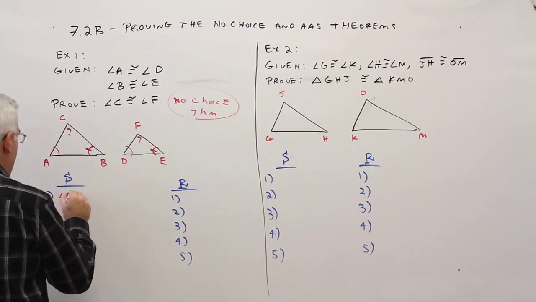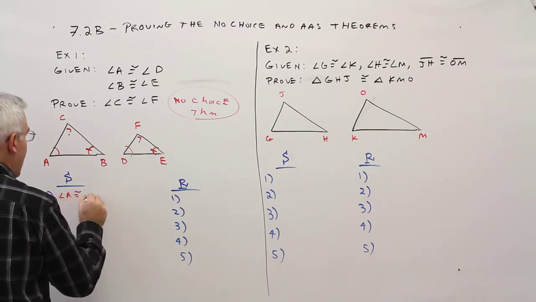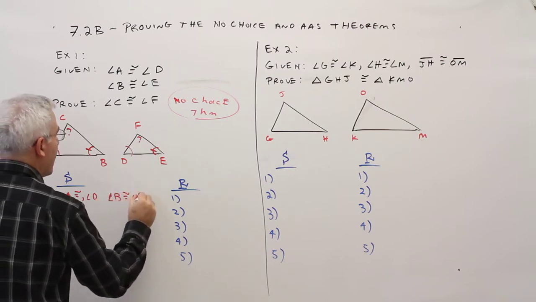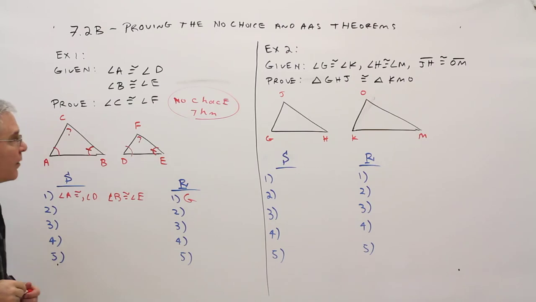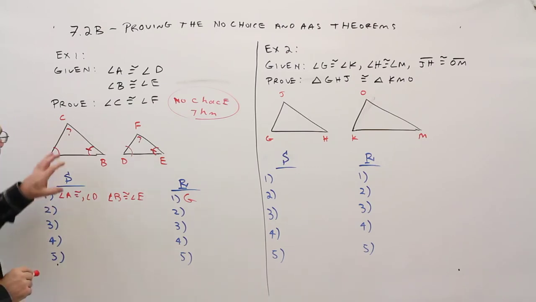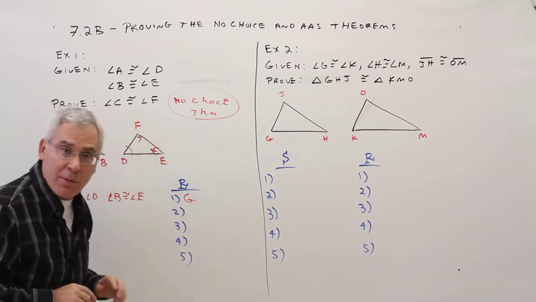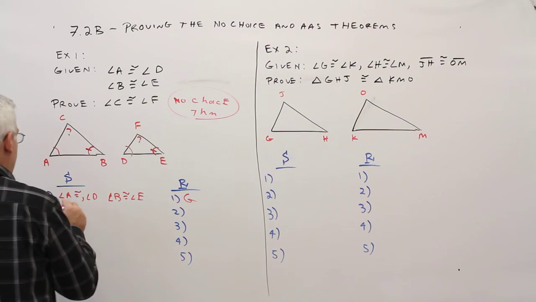So angle A congruent to angle D, angle B congruent to angle E, given. All right, then what I'm going to say is, the sum of these three angles equals 180, and the sum of those three angles equals 180.